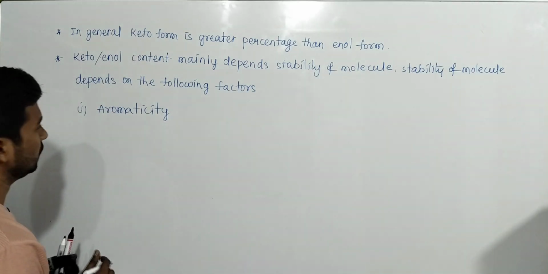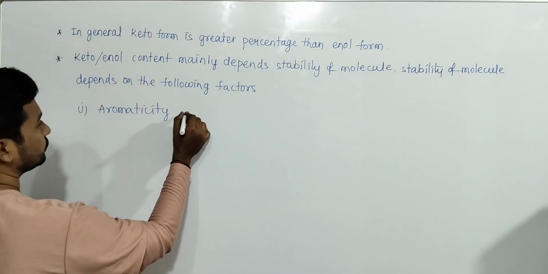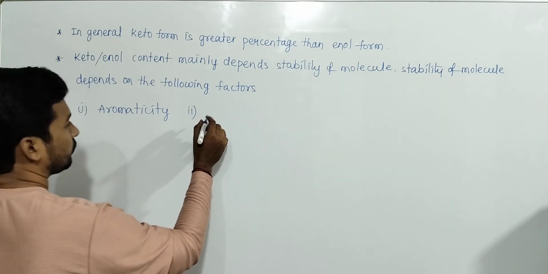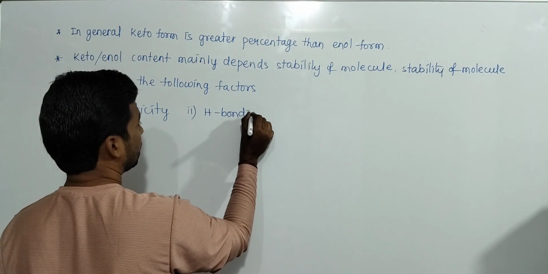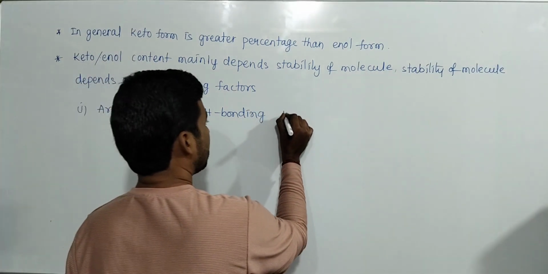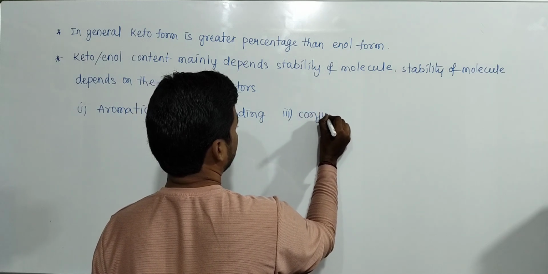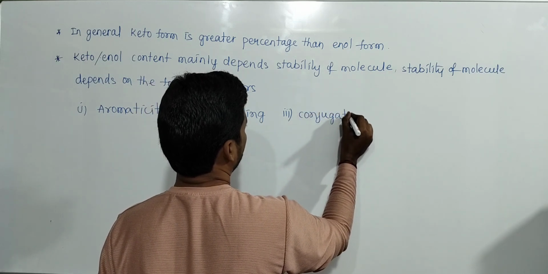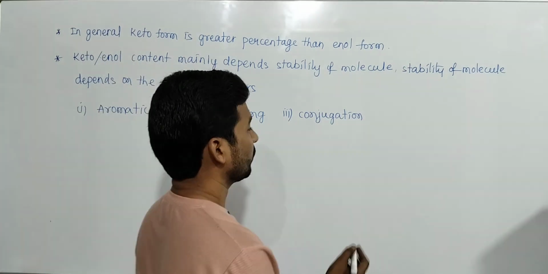First verify for aromaticity. Next, it depends on whether hydrogen bonding is present or not. If aromaticity is not present, then verify for hydrogen bonding. If hydrogen bonding is not present, then verify for conjugation. These concepts we will learn in next videos.